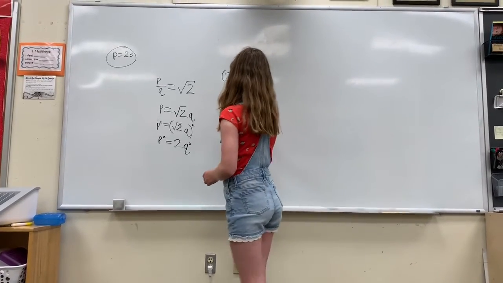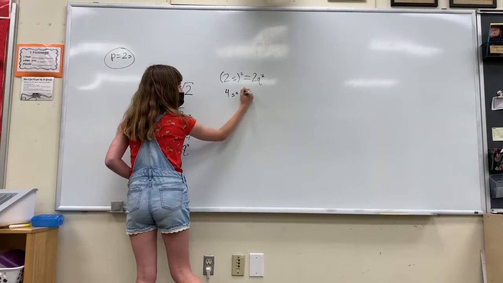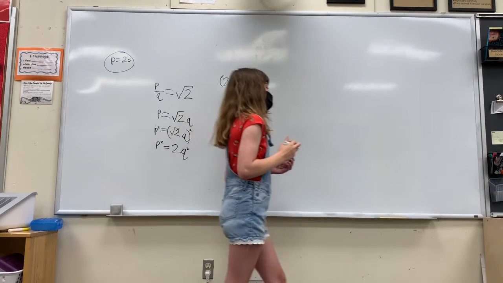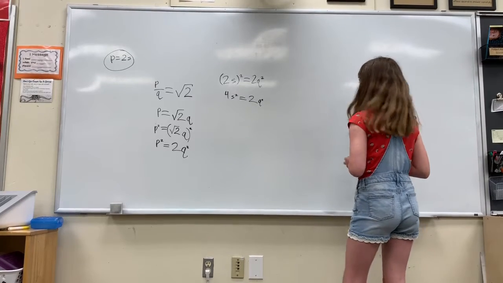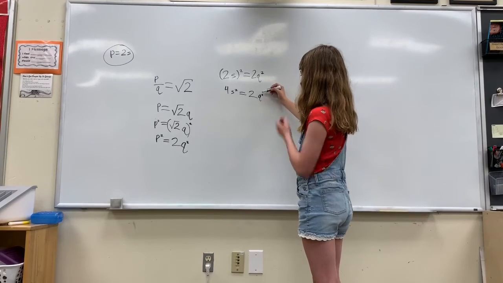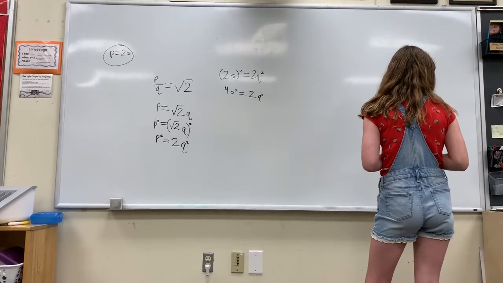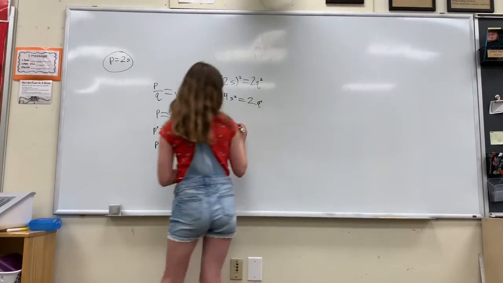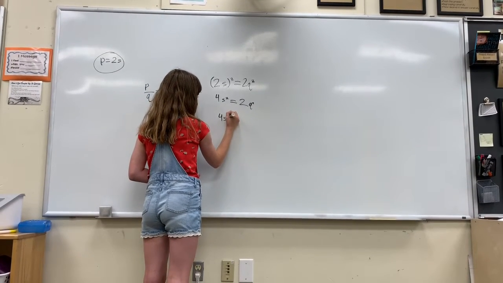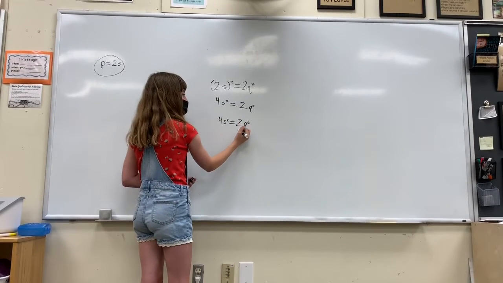Now let's multiply this out. 4s squared equals 2q squared. You don't square the 2 because it's only the q that's being squared in this part of the problem. So now, if we want to get rid of both of these, we should put it over 2, because that would get rid of this.